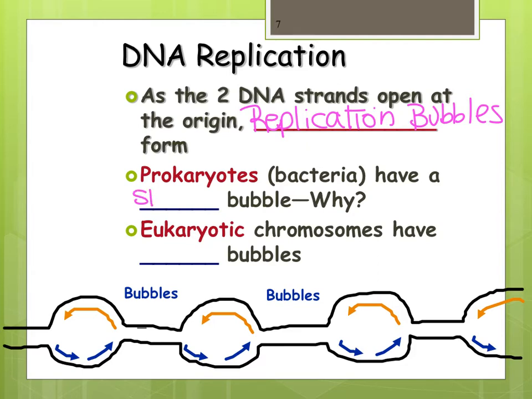Why would they have only a single bubble? They have one origin, because they only have a single circular DNA.